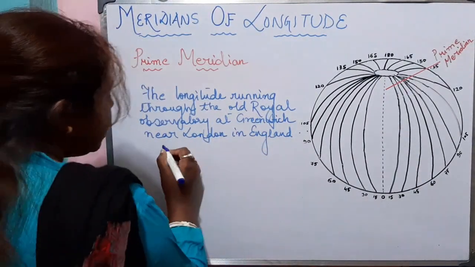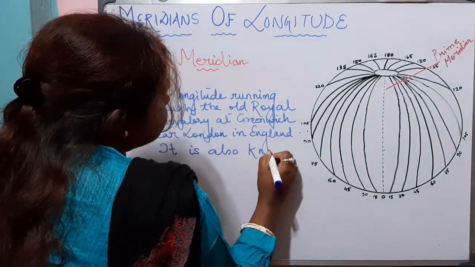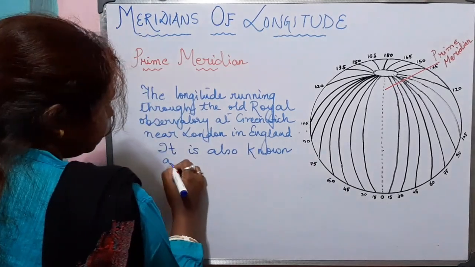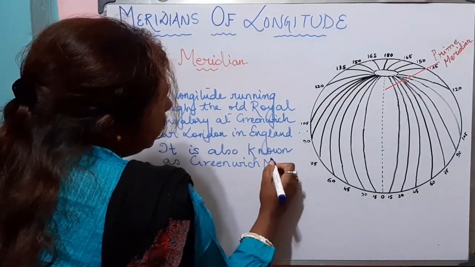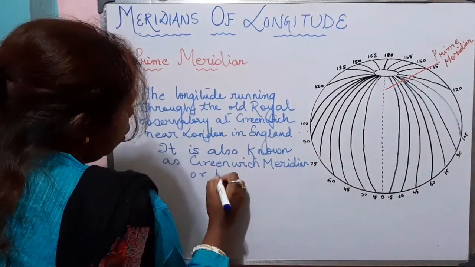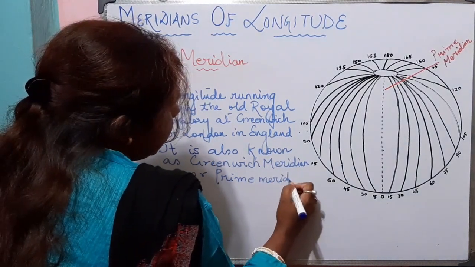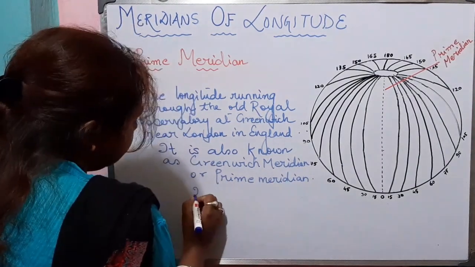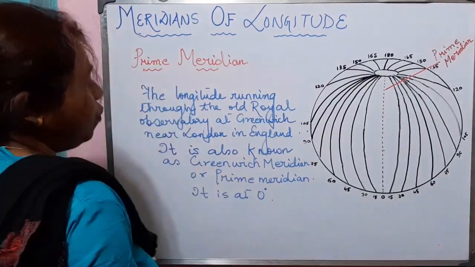And let me tell you that it is also known as Greenwich Meridian, as it is passing through Greenwich, or prime meridian, and it is at 0 degree.